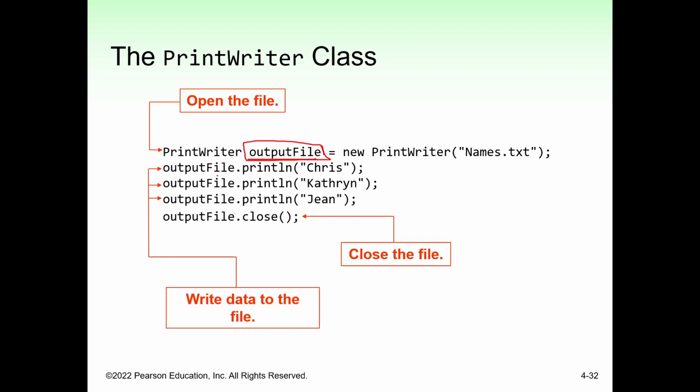So in this case, it's outputFile.println(Chris), outputFile.println(Catherine), outputFile.println(Jean). So we just wrote Chris, Catherine, and Jean to a file. And to close the file, this is what you would do. You would just put dot close with empty parentheses and a semicolon.